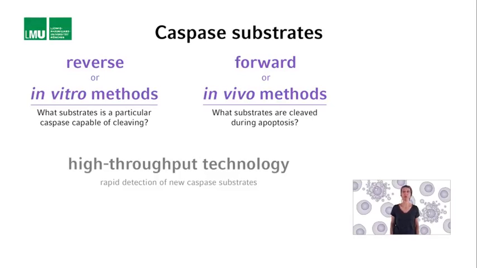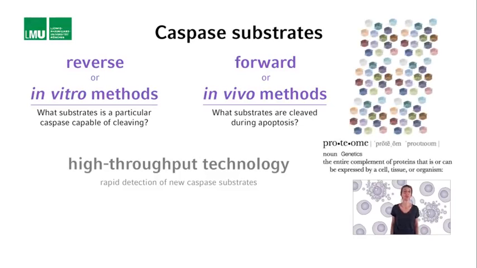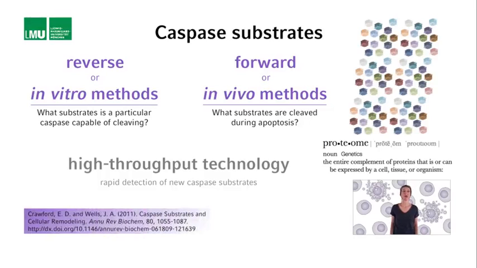These high-throughput technologies have been used in combination with both the reverse and forward methods and have led to the identification of many new caspase cleavage sites in the proteome of various cell types or organisms. And with proteome, I refer to all the different types of proteins found within a particular cell type or organism. If you are interested, I recommend a recent review by Crawford and Wells, who developed the positive enrichment technology.